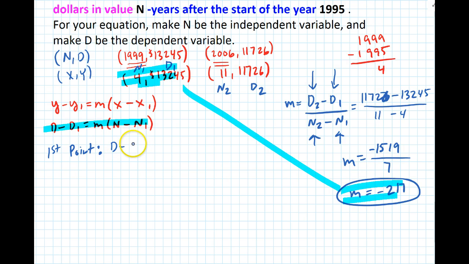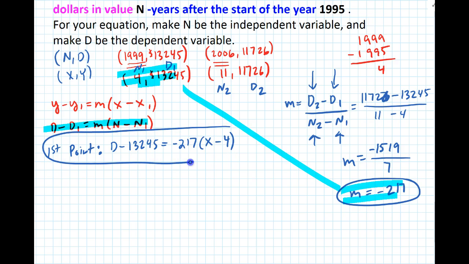So d minus d1, which is 13,245, equals m, which is negative 217, times n minus n1, which is 4. That's the first point in point slope form.